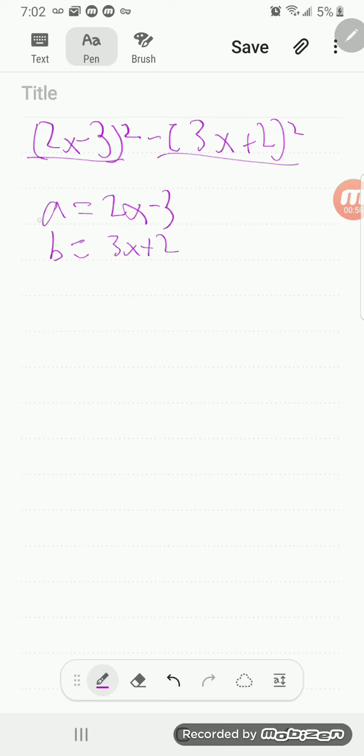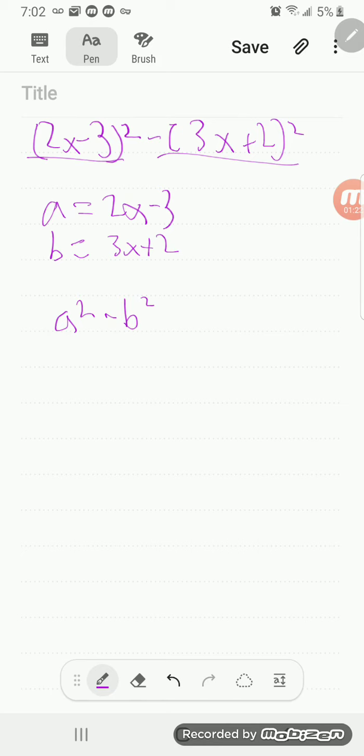We're going to use both of these variables to replace both of these binomials to make it easier. So 2x minus 3 equals a, so that means a squared minus b squared, where 3x plus 2 is b.